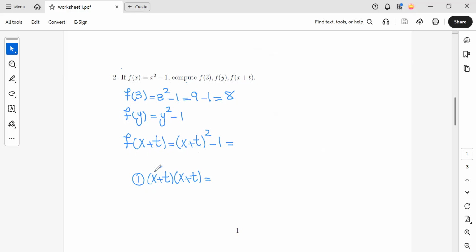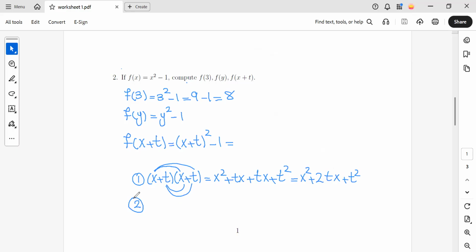So x times x is x squared, x times t is t times x or x times t, it doesn't matter. It is multiplication and you can change the position. Next one is tx and then t squared. And we can combine these as 2 times t times x plus t squared.